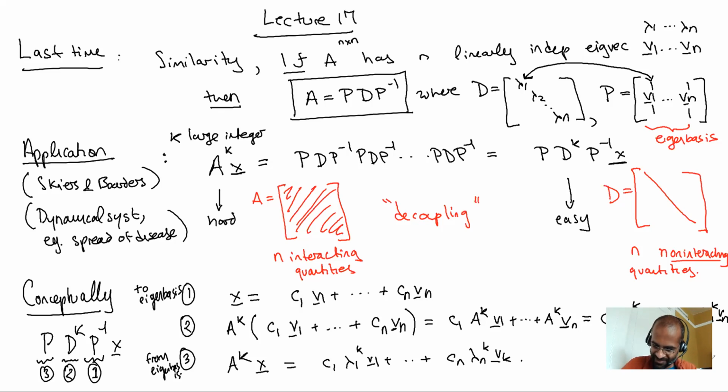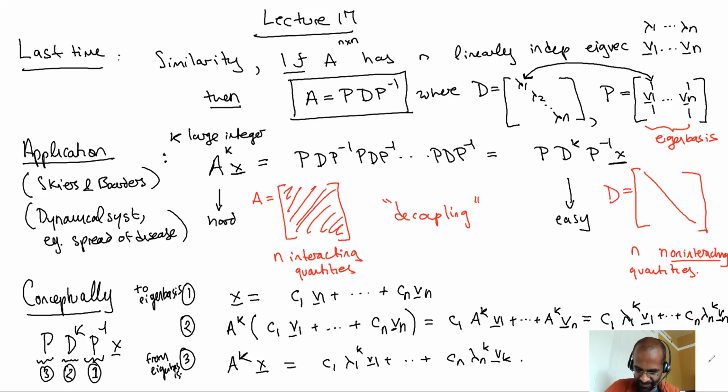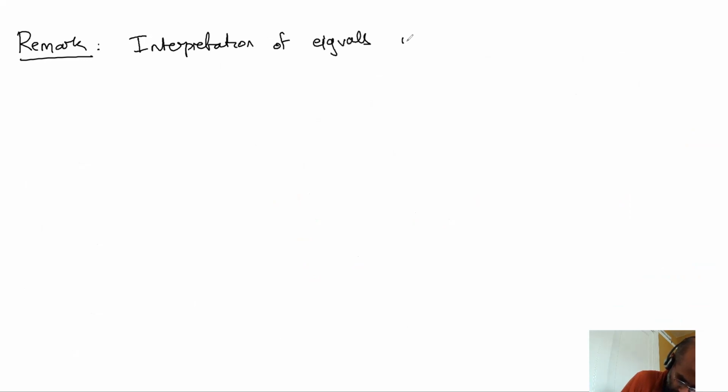And so often in these dynamical systems problems, the eigenvalues have a very clear meaning, which I'll just say. So here's one interpretation of eigenvalues in dynamical systems.